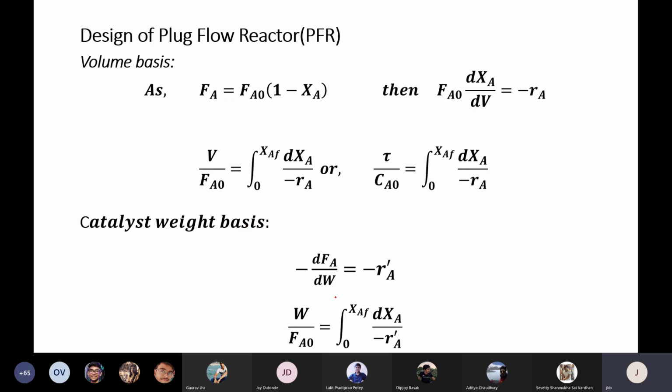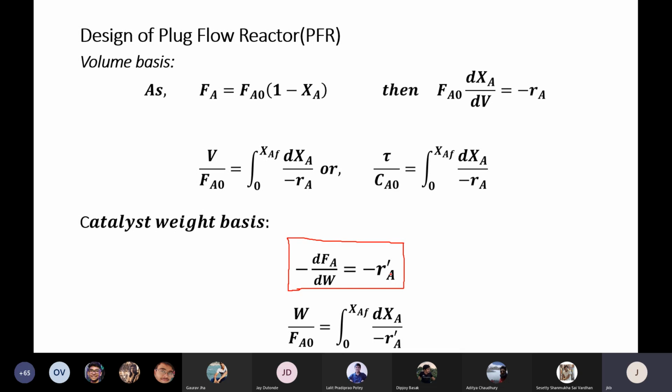In terms of catalyst weight, we can write minus dFA by dW is equal to minus Ra prime. This is another design equation for heterogeneous reactions, solid catalytic reaction. Then the rate expression is written Ra prime in per kg basis.